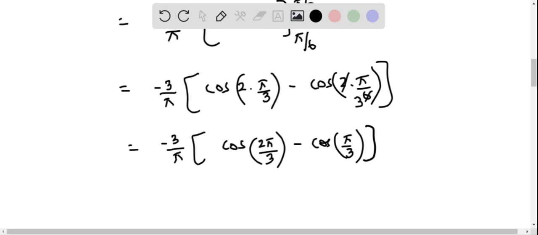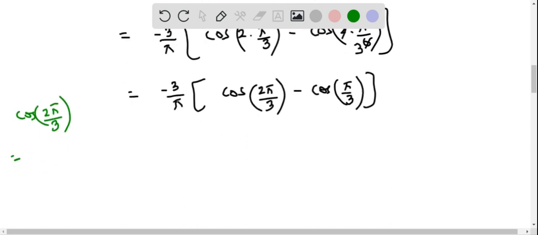Let's evaluate the value of cos of 2 pi by 3. I'm going to do it separately over here. That is cos of 2 pi by 3. This I can rewrite in terms of reference angle combination. That is cos of pi minus pi by 3, and this is the reference angle. Since it is pi minus pi by 3, this angle lies in the second quadrant.